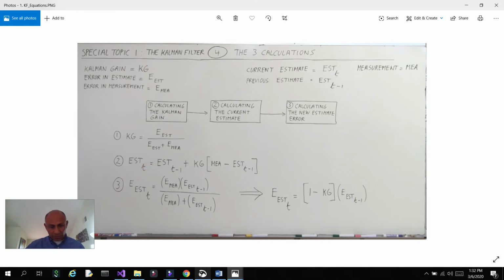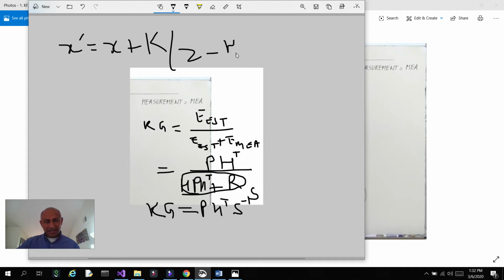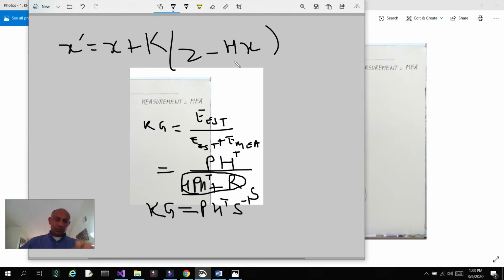So let's go back to our snip here. Let's just write here x, this thing equals the previous position plus Kalman gain times z minus hx. So z is measurement, x is the estimate at time t minus 1, and h is the measurement matrix.